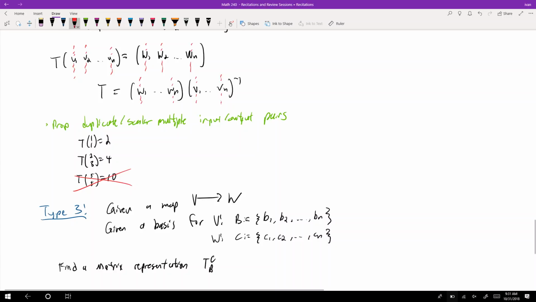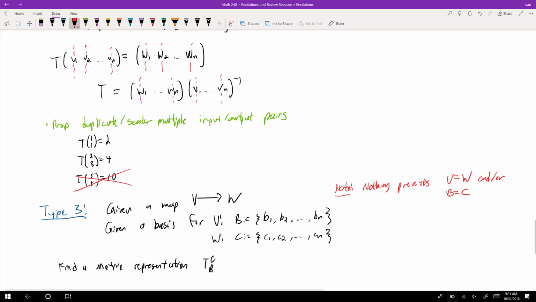And before we get to that, I want to make a note. Nothing is preventing us from saying V equals W and/or B equals C. So nothing says that V and W have to be different vector spaces. They can be the same vector space, right?